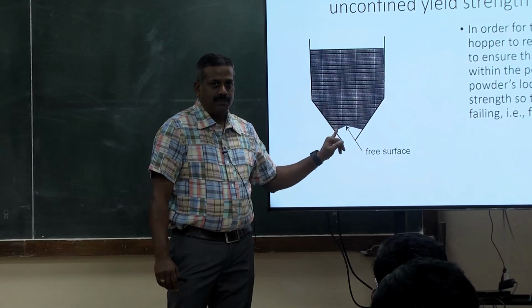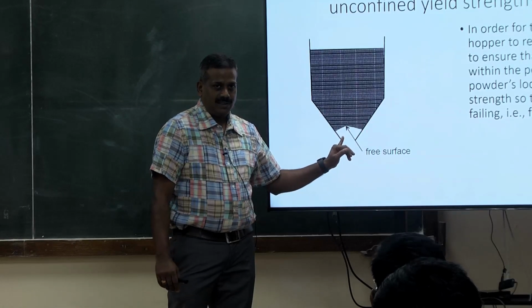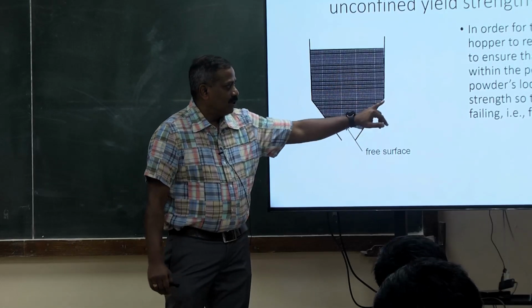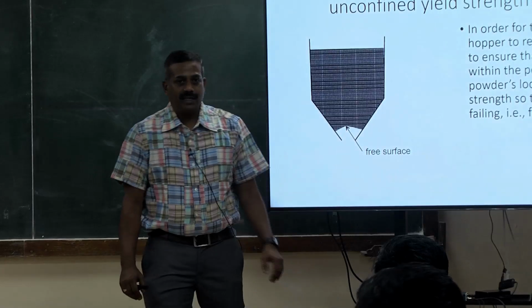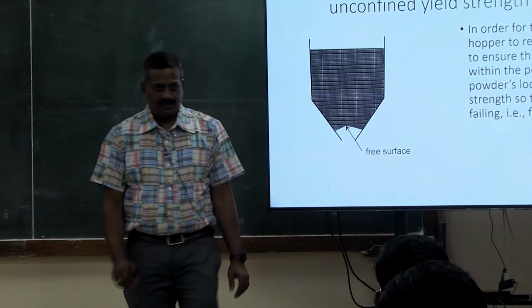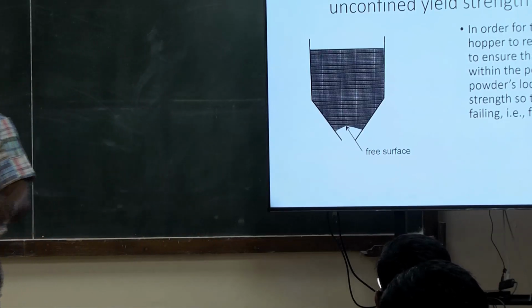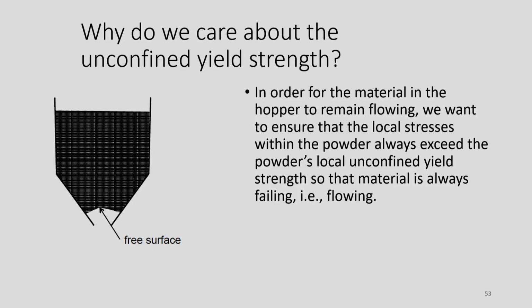So based on their properties, you can design the appropriate angle so that the strength at this layer is low. Is that clear? I'll show you some examples of hopper design and hopper angle calculation.